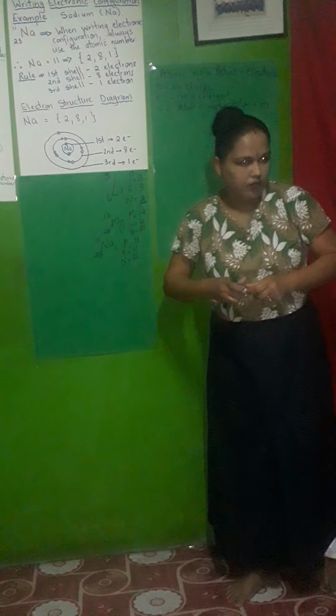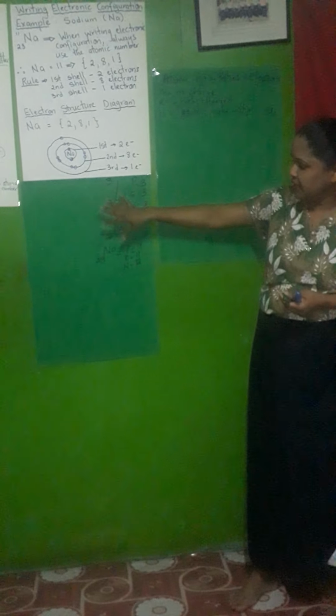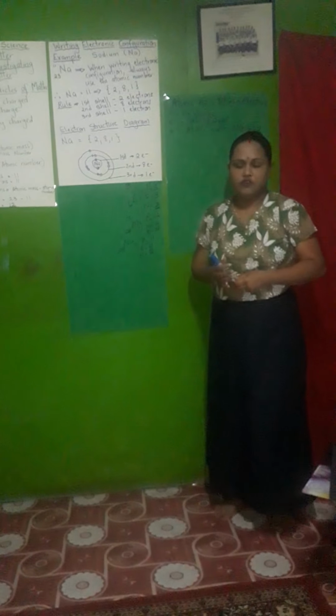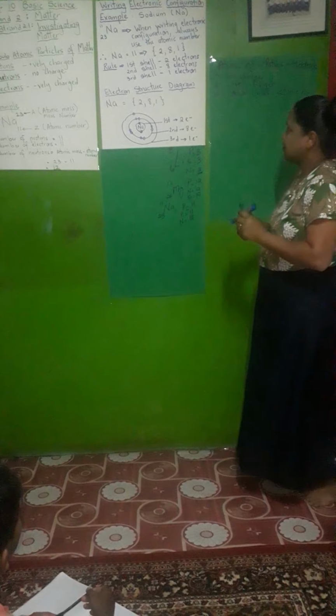Since you have learnt about these simple atoms, now we will move on to electron configurations. Before we move on to electron configurations, you should know the terms electron shells or the energy levels. For an atom, there are different energy levels, and these levels are denoted by the circles.